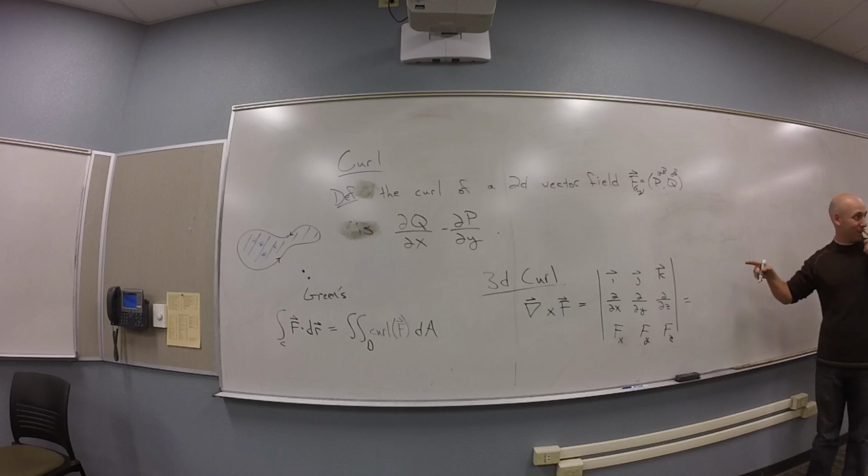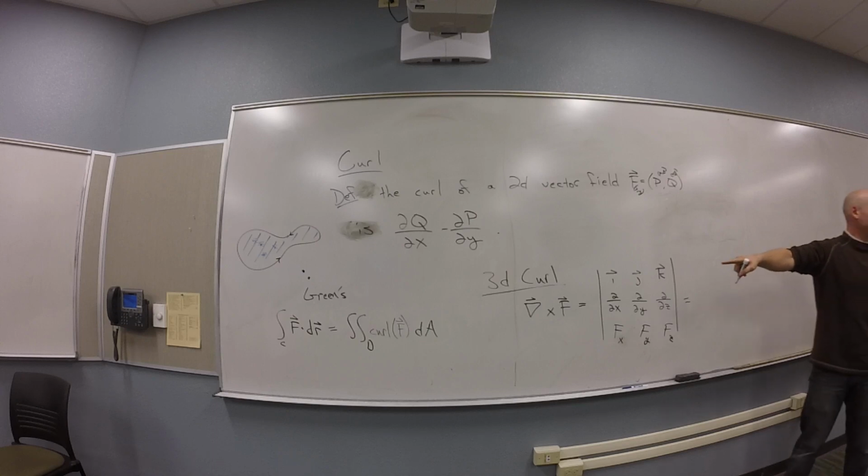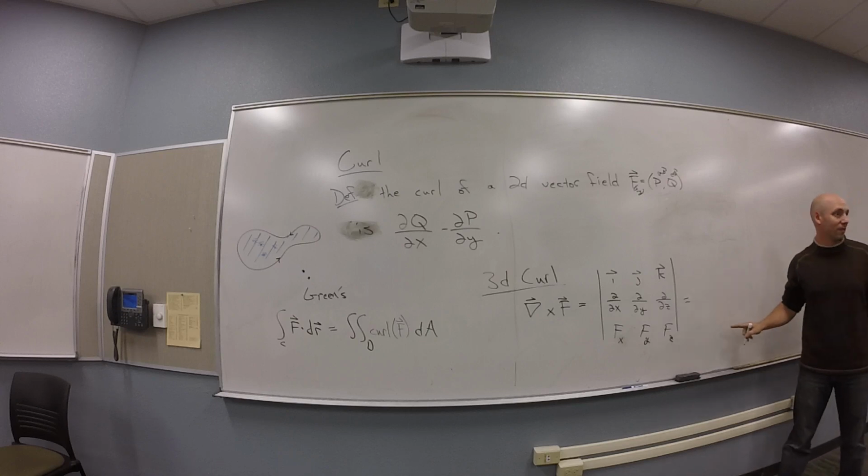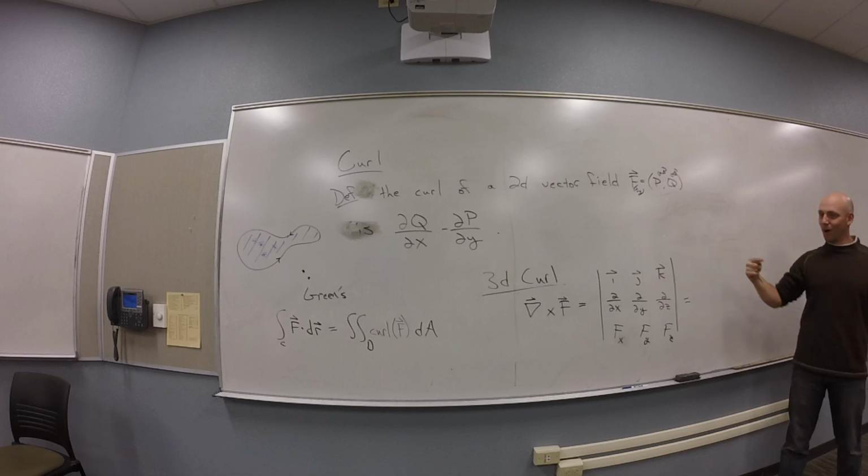Not a scalar quantity. The fact that it was a scalar quantity is because I was working in 2 dimensions over there. In 3 dimensions, this is going to be a vector quantity, and you're going to have to think harder. It's cool that those paddle wheels don't have quite the same interpretation in 3 dimensions, right? Because there's not just, oh, they spin clockwise or counterclockwise.